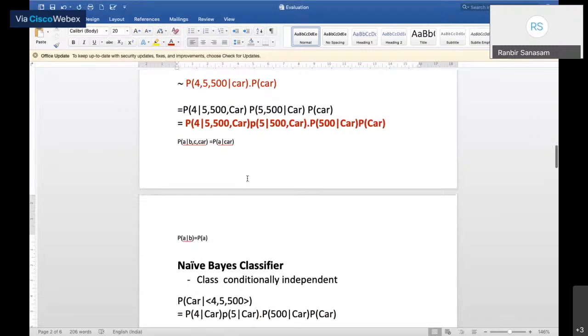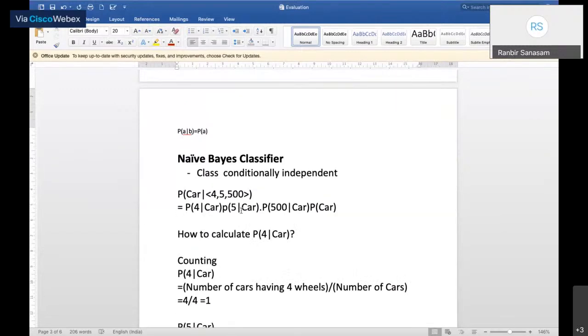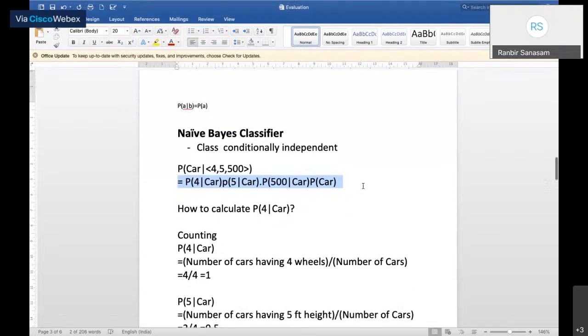Now I'm only conditioning on the class levels. So this is the naive Bayes classifier. With this simplification, the time taken for building this classifier will be much faster than the Bayesian classifier.